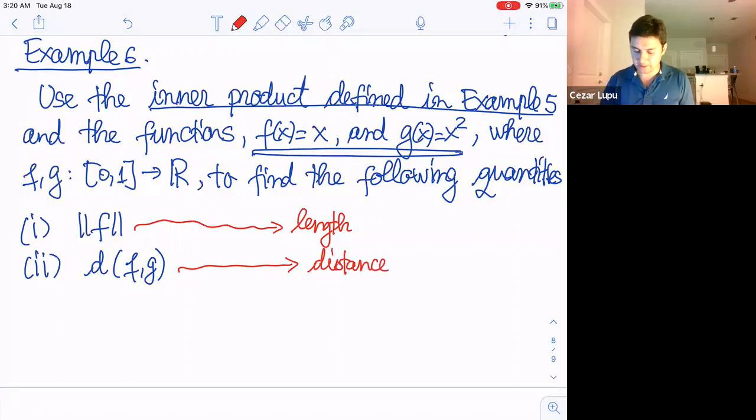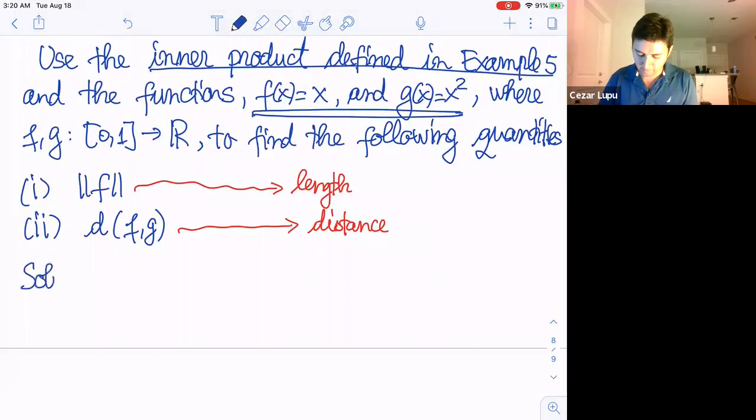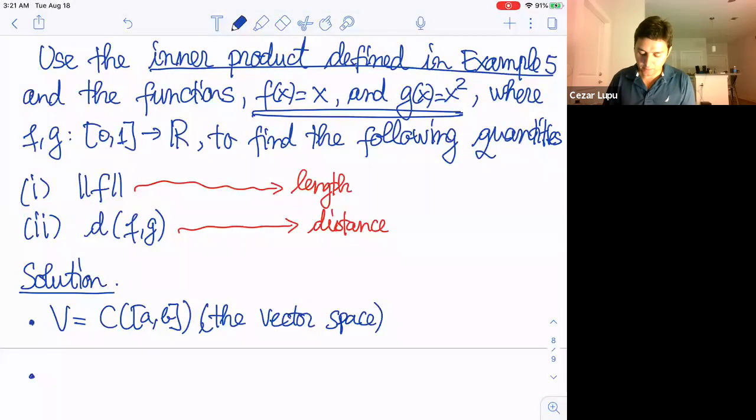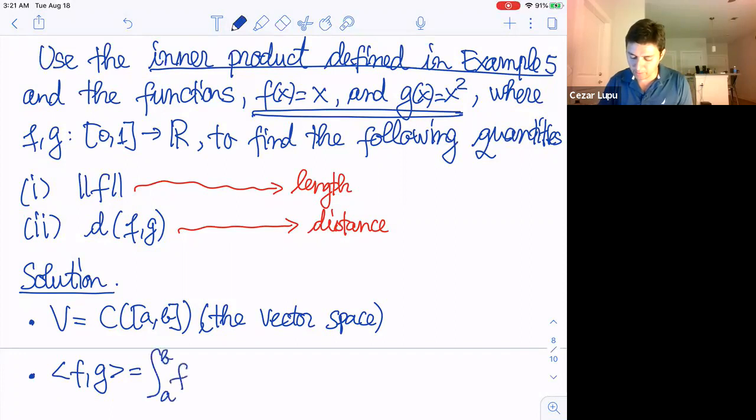Right? Okay, let's set the record straight right from the beginning. The vector space V is the space of all real valued continuous functions on [a, b]. So this is the vector space. And the inner product, which was defined in example number 5, is given by the integral from a to b of f of x times g of x dx.